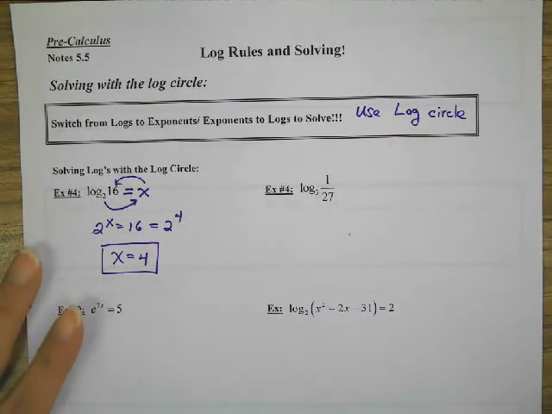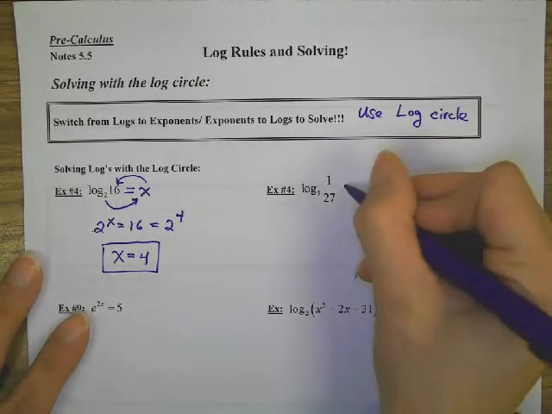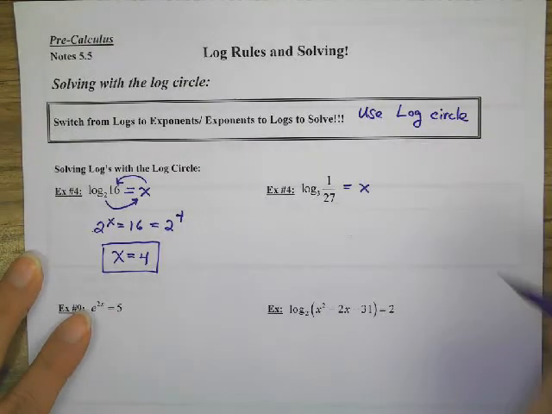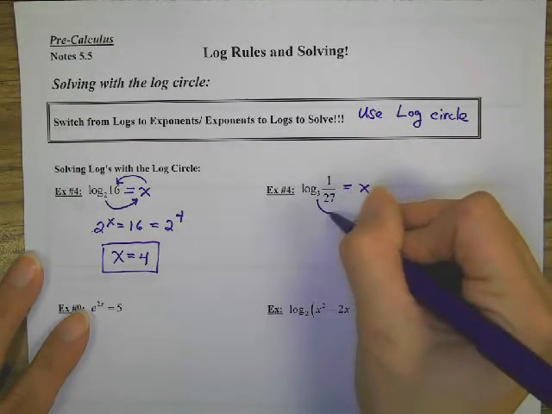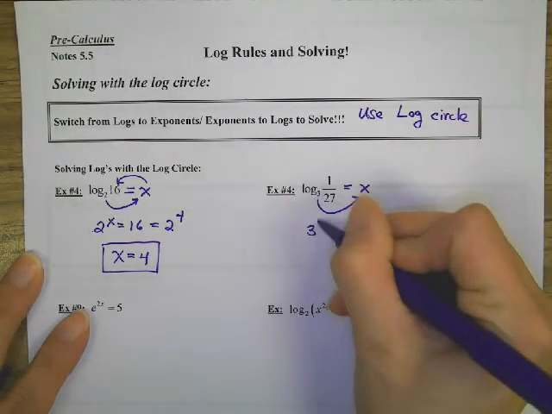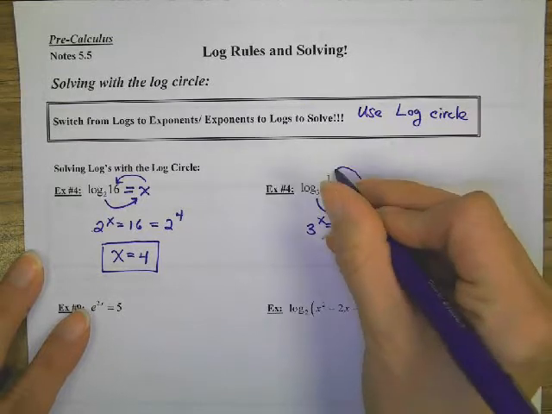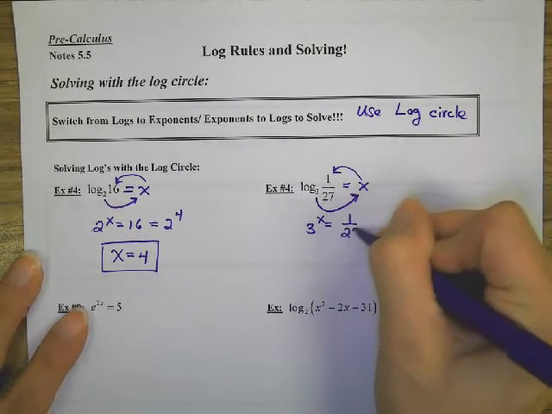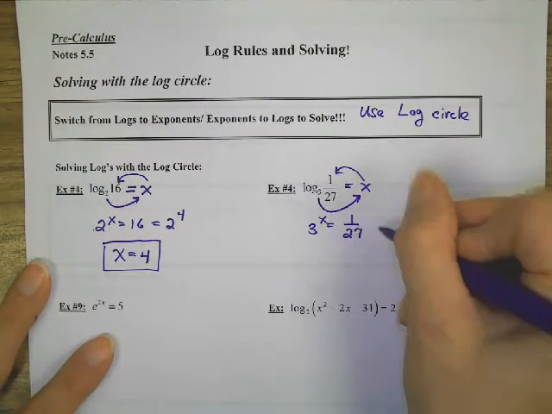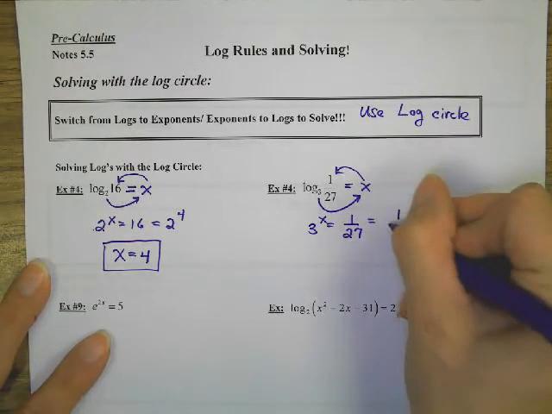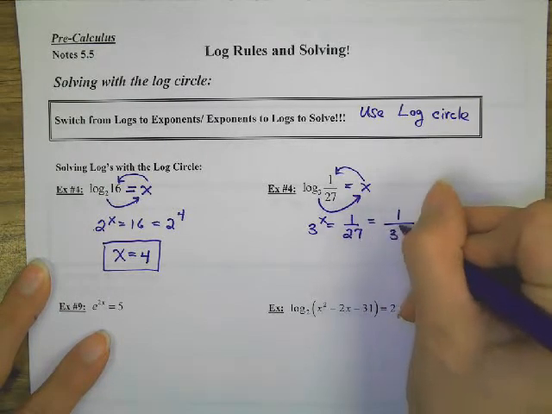Okay. Let's do this next one over here. I'm going to also call this answer x. Now let's go for x. Let's find the answer. I've got 3 to the power of x, and that equals 1 over 27. Also going to solve this by making common bases. 27 is 3 cubed.